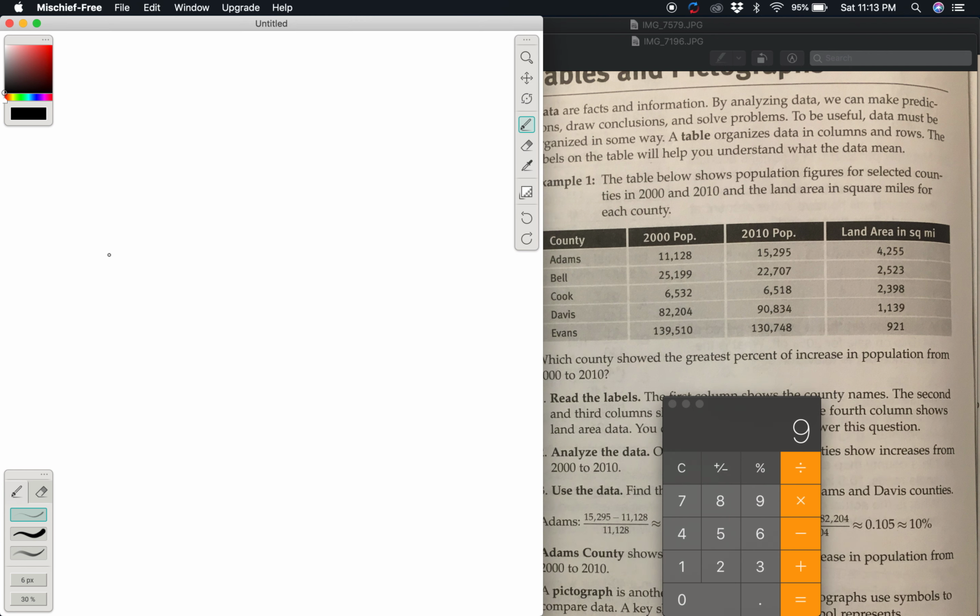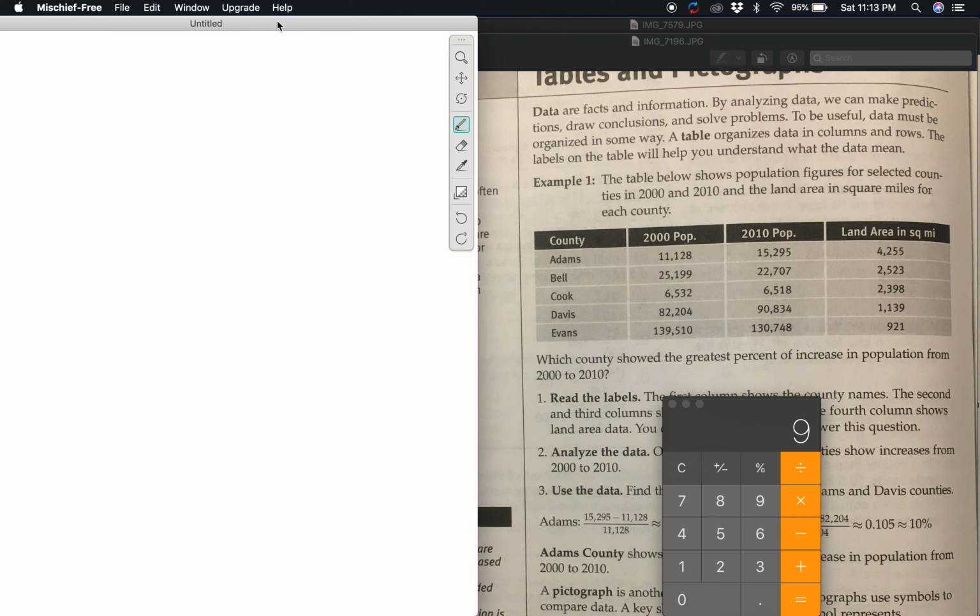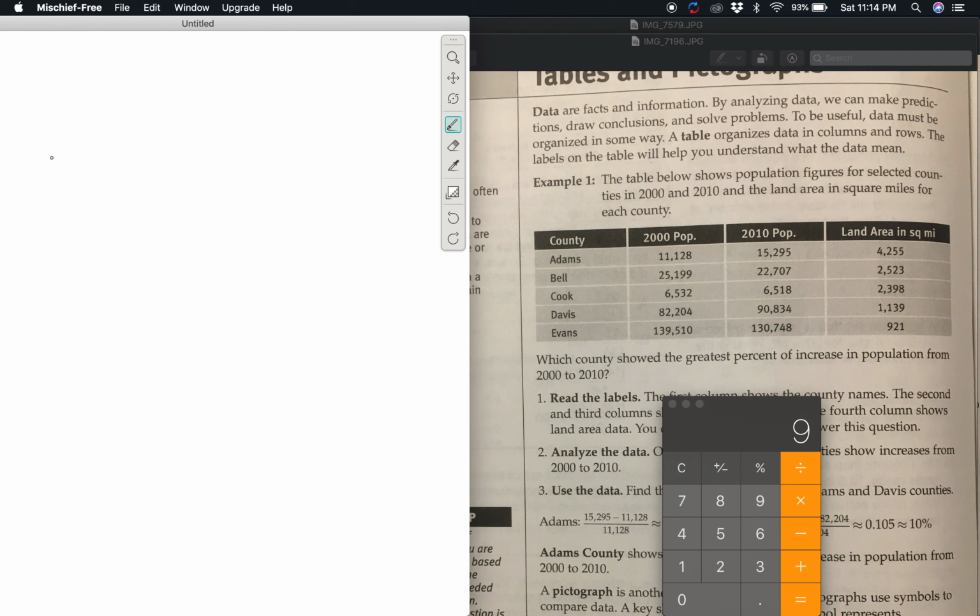So the formula for percent of change, as you should know, is, well, let's see. This is what the formula would look like. Basically, whichever of these is the largest number.